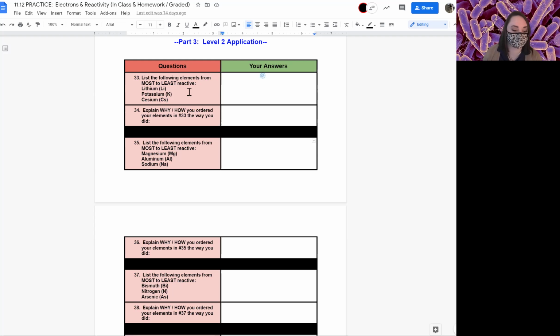All right, good. So we would order these. Cesium would be the most reactive, then potassium, then lithium. Why is cesium the most reactive of this group?